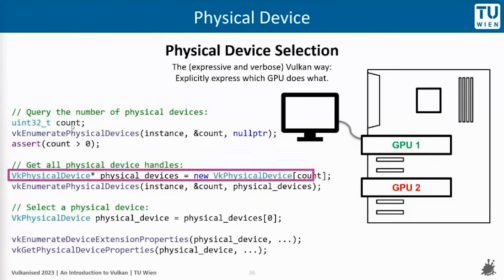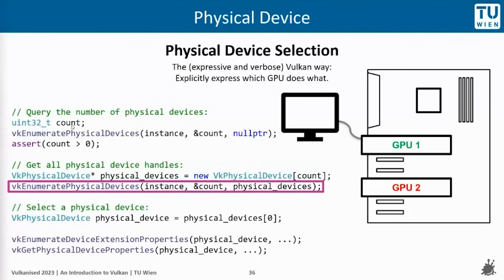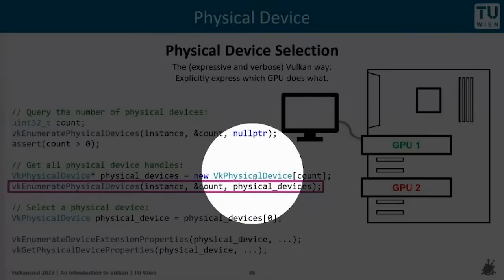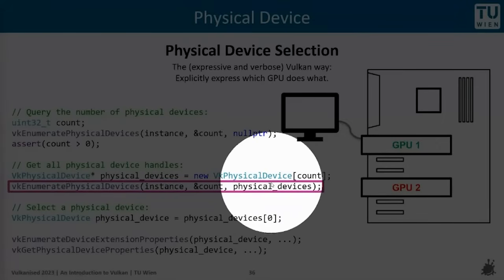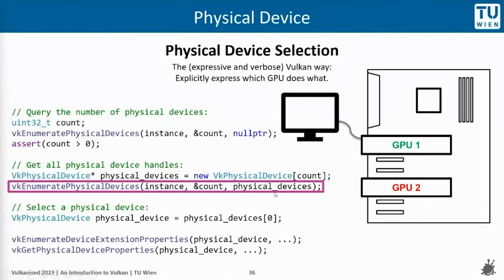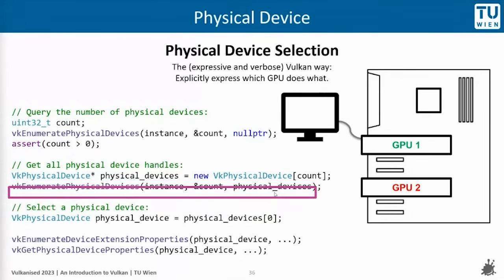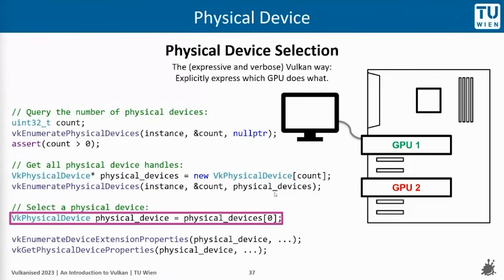And then a second call to vkEnumeratePhysicalDevices, where we pass an array of sufficient size instead of a null pointer to the last parameter, assigns all the handles of the physical devices. So we need two calls. First for the count, second to get all the physical devices. And then we just select the physical device by its index. In this case, we select the physical device at index 0.